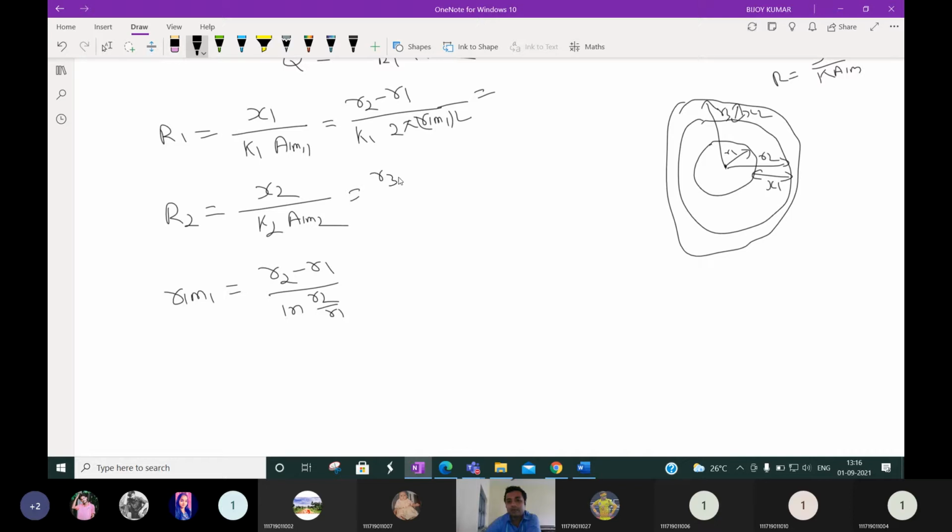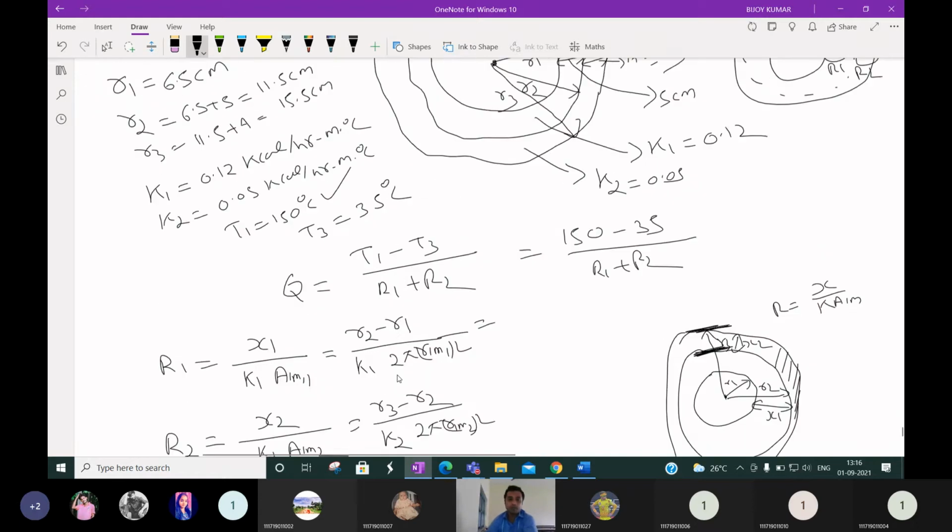So X2 will be R3 minus R2 by K2 into 2 pi RLM2 into L. Then RLM2 is for the cork region. This radius is R3, this radius is R2, so it will be R3 minus R2 by ln of R3 by R2.